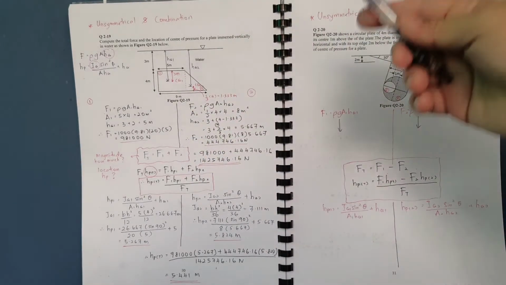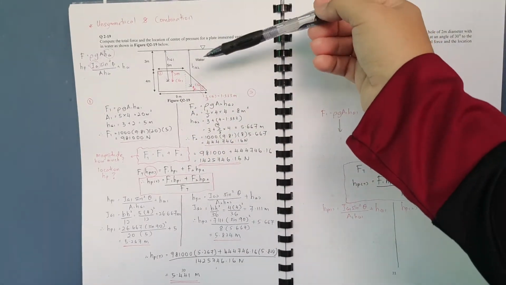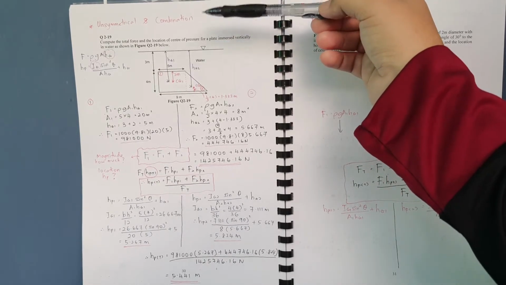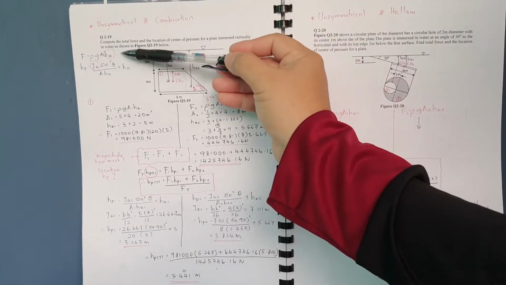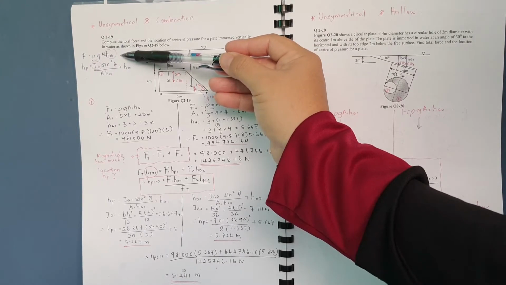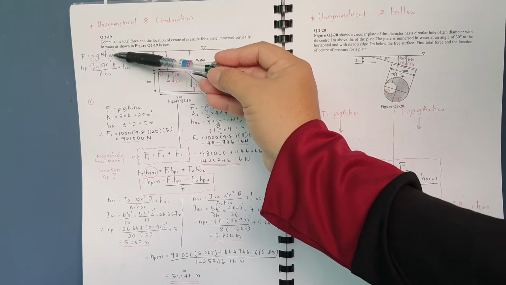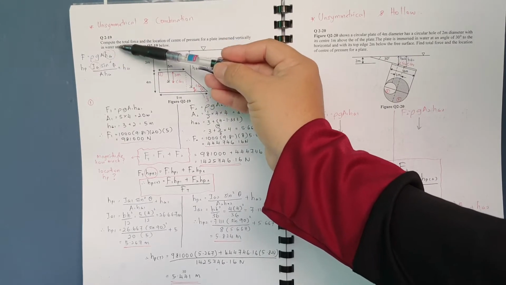Okay, so what do we do if we get problems on unsymmetrical combinations? We have learned before force equals rho g A h-bar G, and h-bar G is the distance from the center of gravity to the surface.